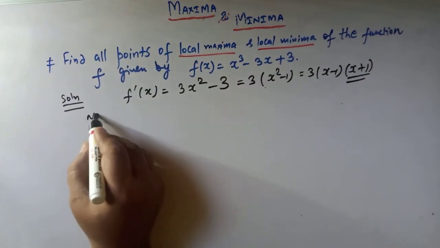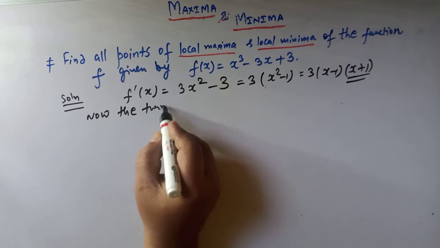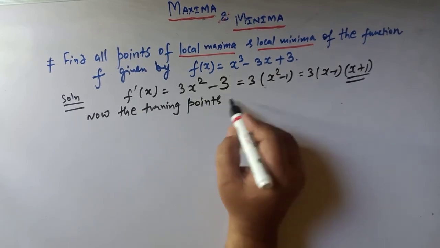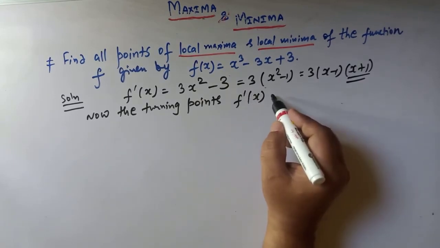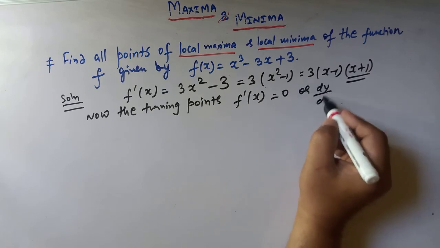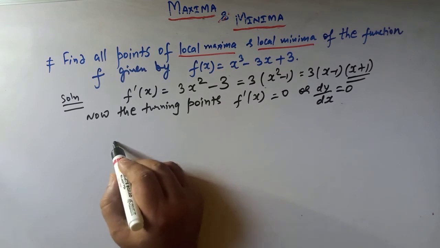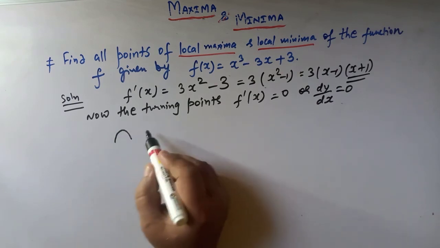Now the turning points or the stationary points are given by f dash x equal to 0 or dy over dx equal to 0, because at a turning point the shape of the curve is either like this or like this.